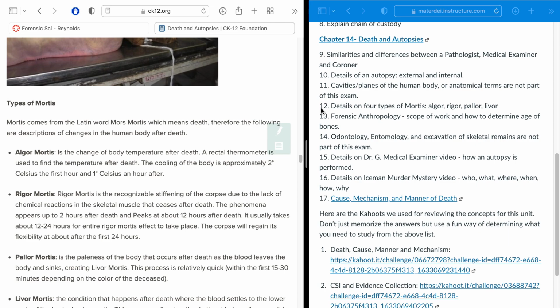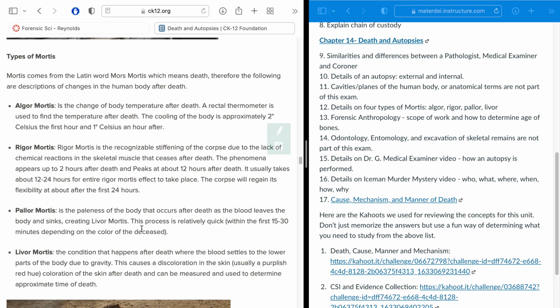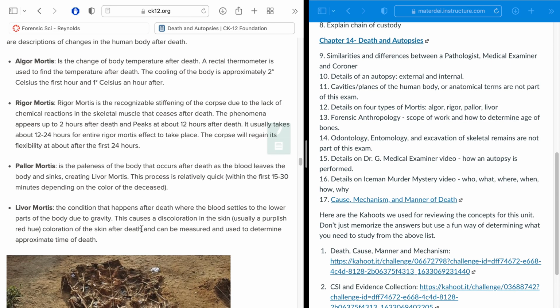So if you approach a crime scene and someone's in rigor, you know that they've died within that day, and if they know when they relax, it helps them also determine more or less the time of day that they died. The next one is pallor. That word describes your coloration.